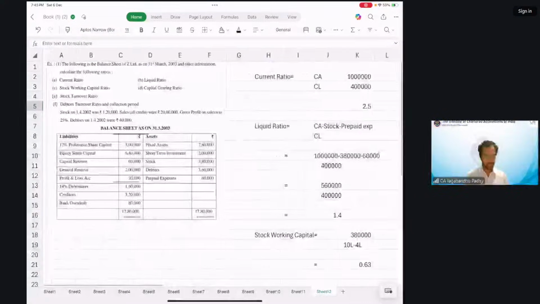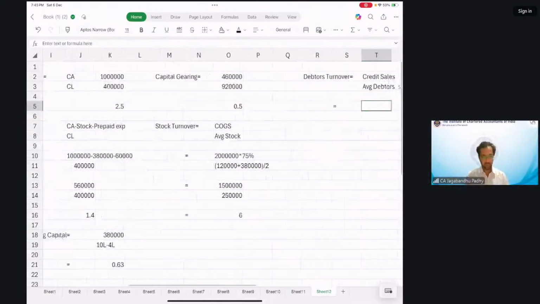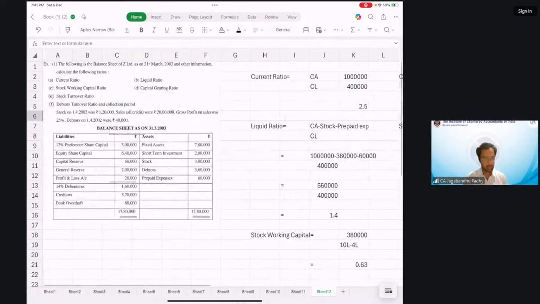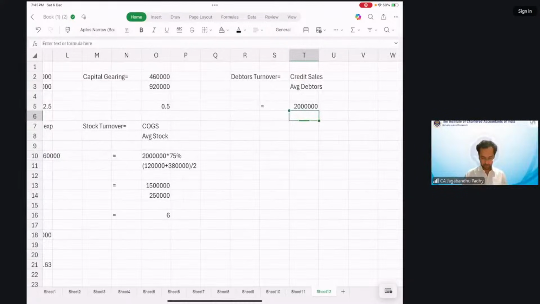So credit sales is given to be 20 lakhs. Average debtors will be 3,60,000 plus 40,000 divided by 2.